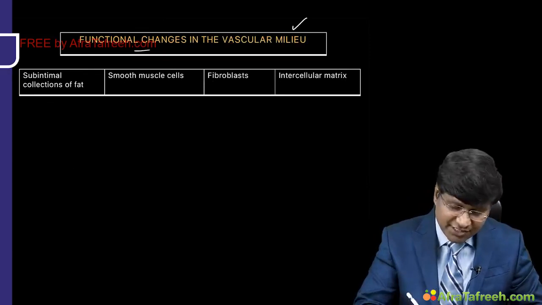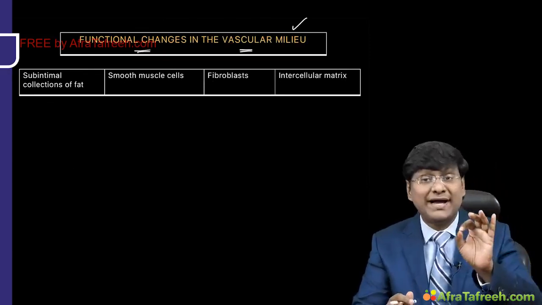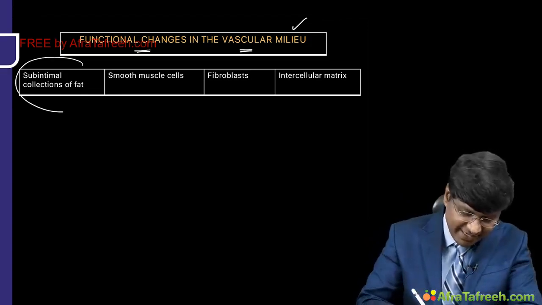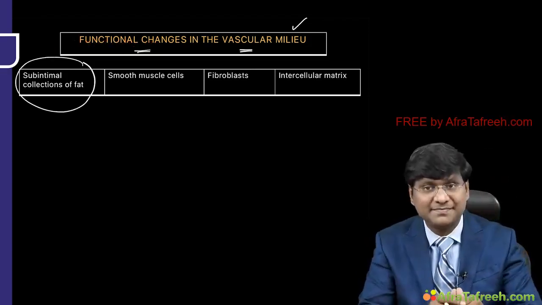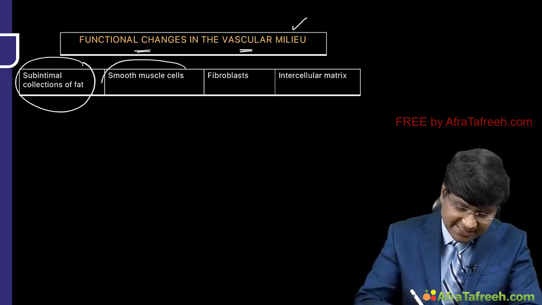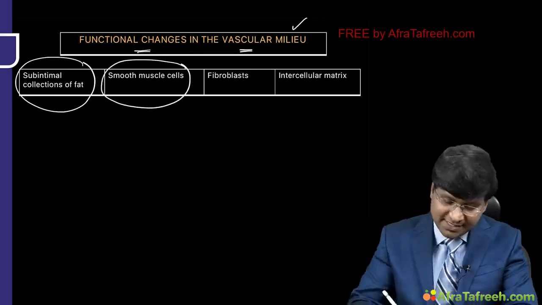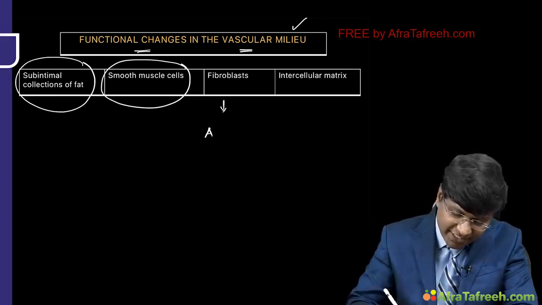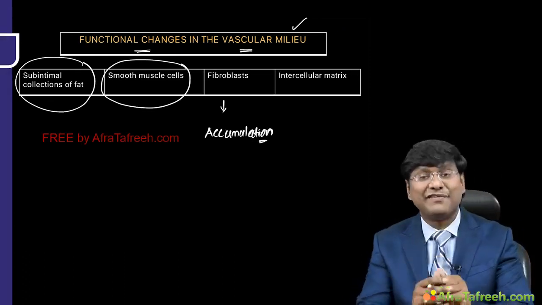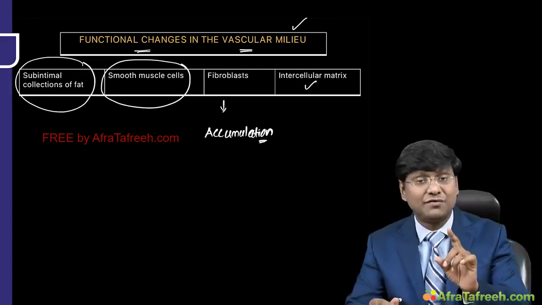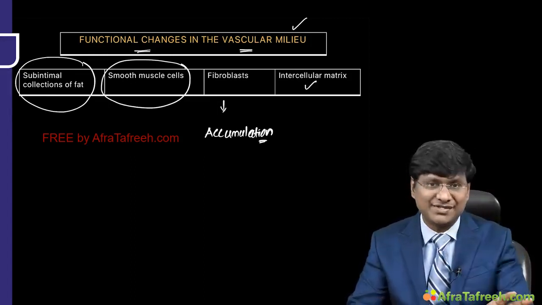The functional changes in the vascular milieu ultimately result in subintimal collection of fat, subintimal collection of smooth muscle cells. There will be accumulation of fibroblasts, and there will also be accumulation of the intercellular matrix.